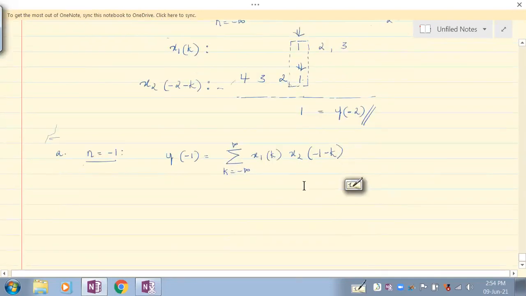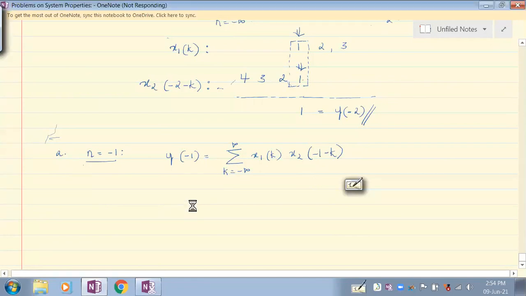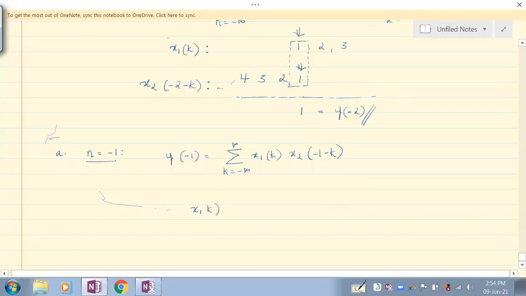Now let's again write x1 of k first. x1 of k is 1, 2, 3. This will never change, it will be the same. Now what is x2 of -1 minus k?